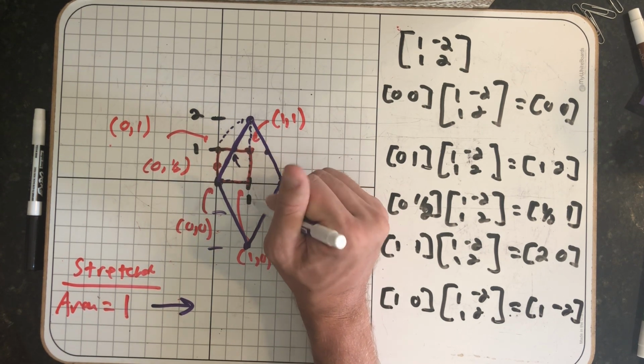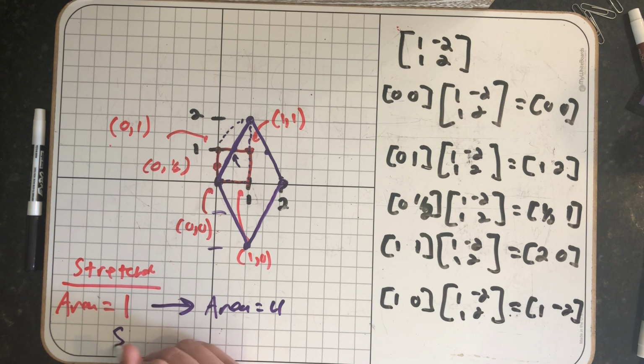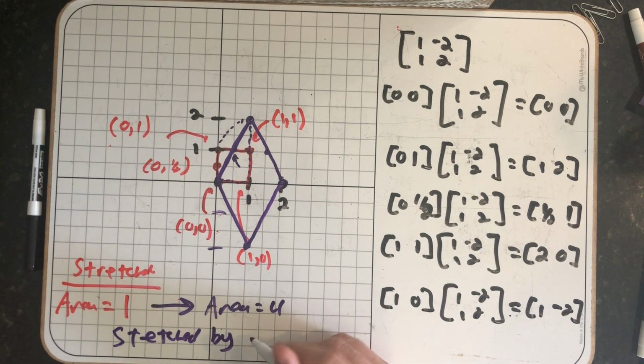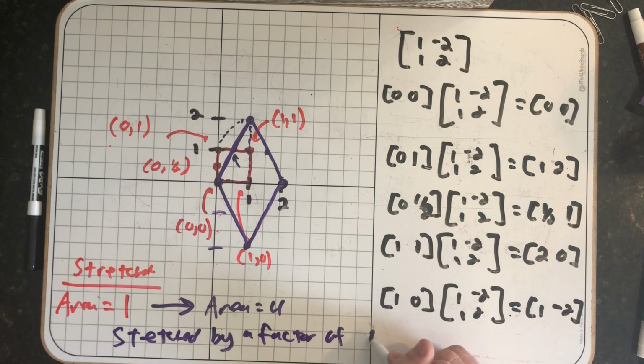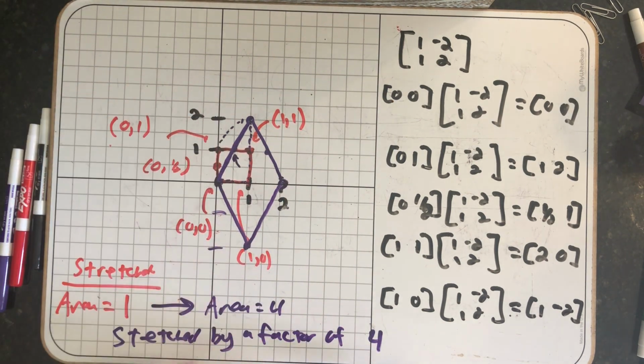So 1, 2, 3, 4. So it was stretched by a factor of 4, or scaled by a factor of 4. Cool. So this matrix turned my original square and stretched it.